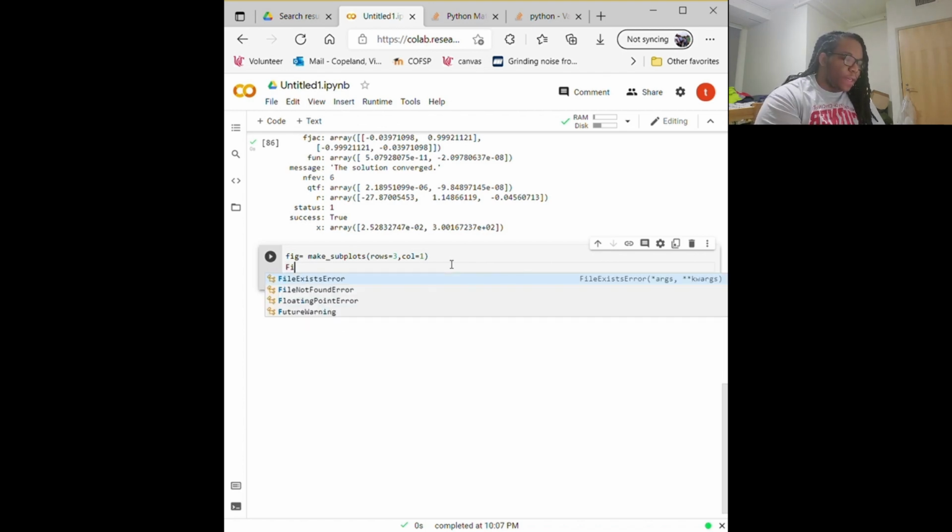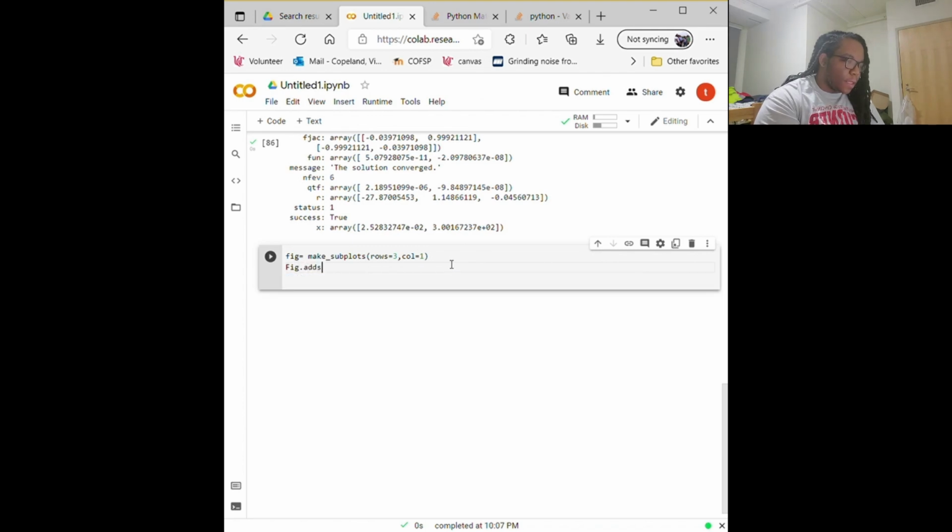And so we're gonna do fig, add, scatter. I'm gonna do x equal to our z plot that we did earlier. And our y is going to be equal to sol 1, not colon, and the colon is to just call the whole row.